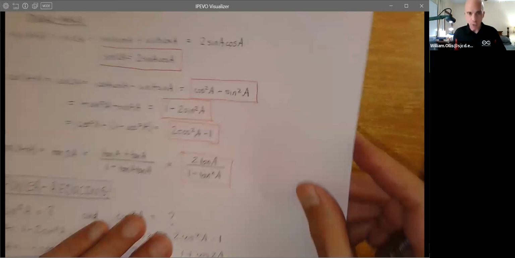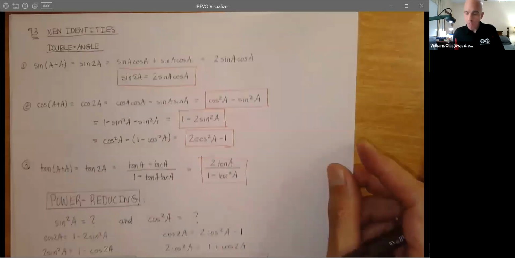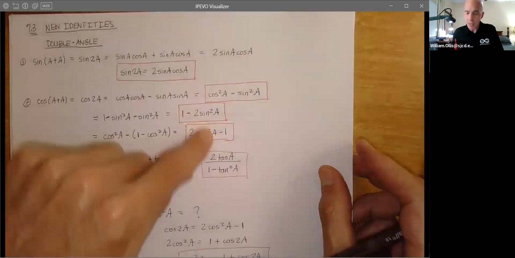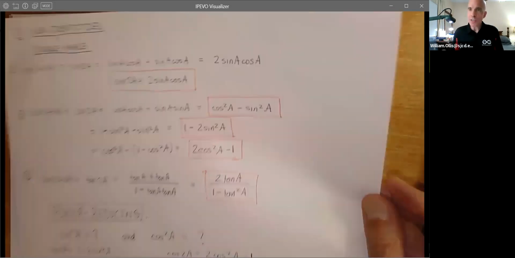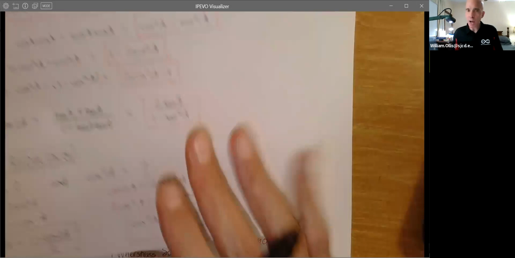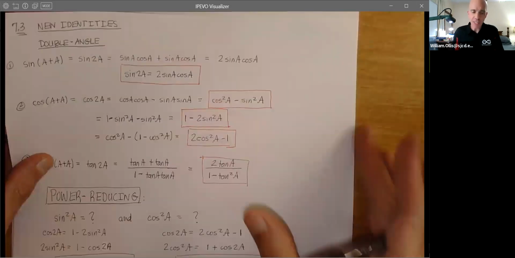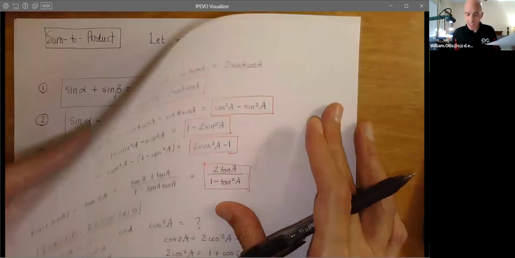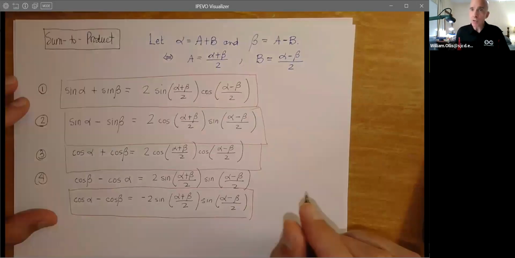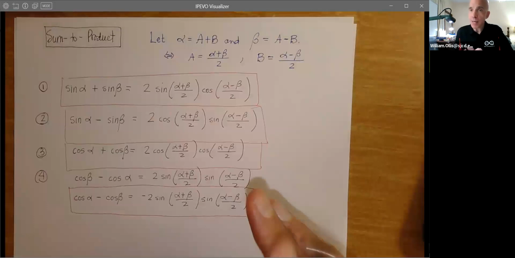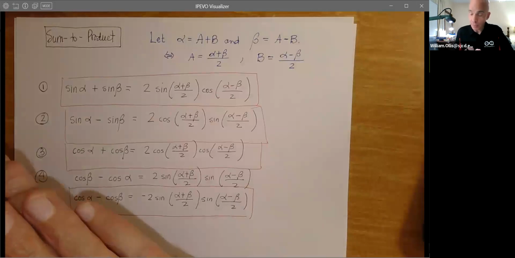Lots of use for the power reducing. We will find many uses for the double angle. So this is just basically a snapshot of all the different kinds of identities that you're going to see when you take your STEM math, more STEM math, and your STEM classes in computer science and physics and engineering.